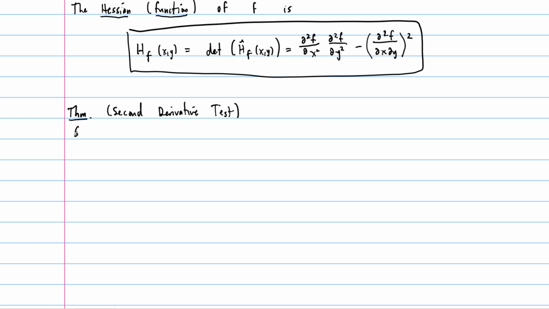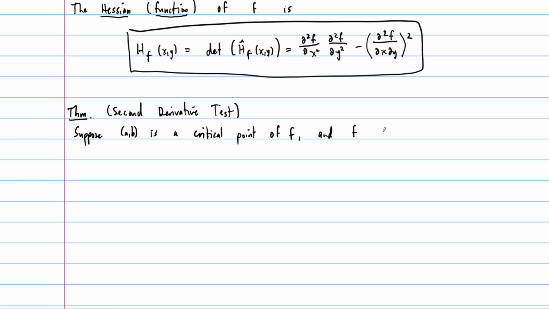All right, we need to always state hypotheses when we state a theorem. We start with hypotheses. So let's suppose that (a, b) is a critical point of f. So we've already located the critical points, right? This means that the gradient is 0, or undefined. It's either 0 or undefined. So it's a critical point of f.